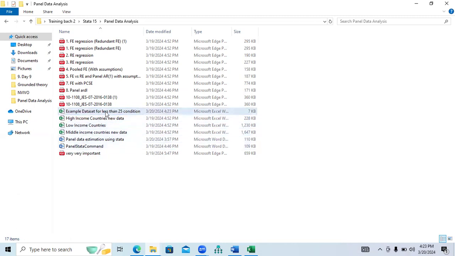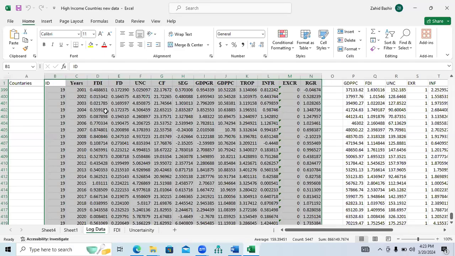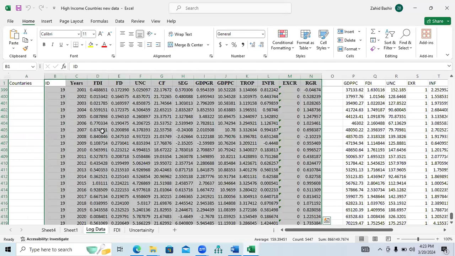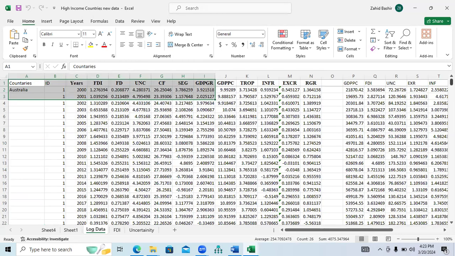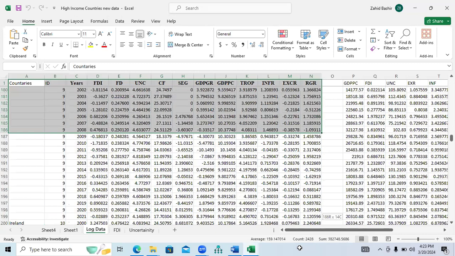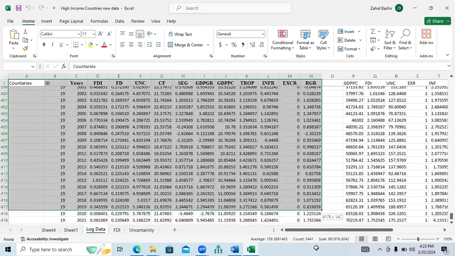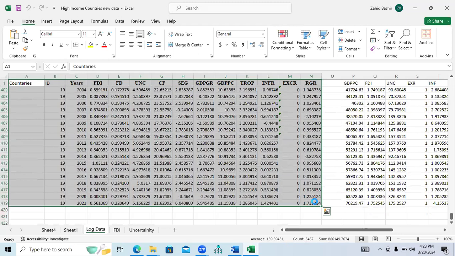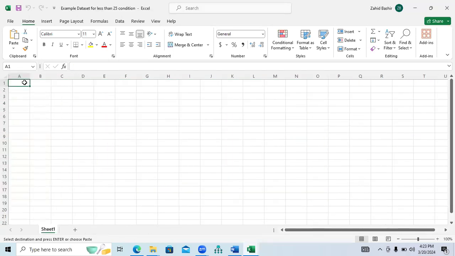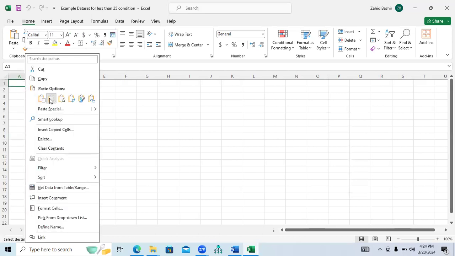Let's suppose this is a demonstration data set that you are going to use for your analysis. Let me copy this data set, because there are a lot of tabs here that would make you confused. I am just going to copy this data set for your consideration so that you can use it instead. So I copy this data set and paste it here like this.